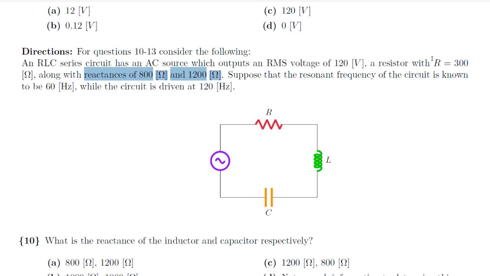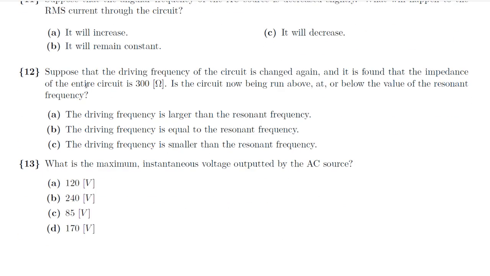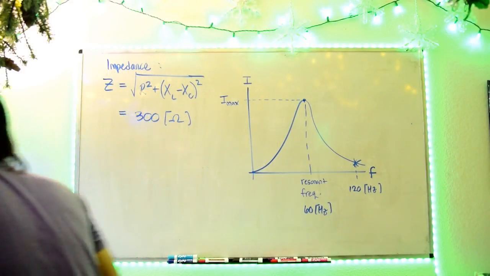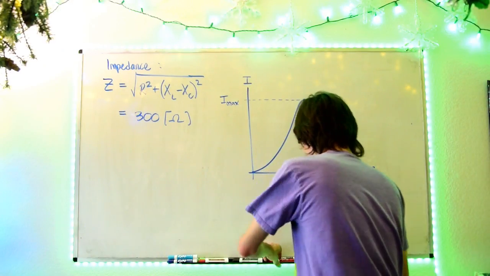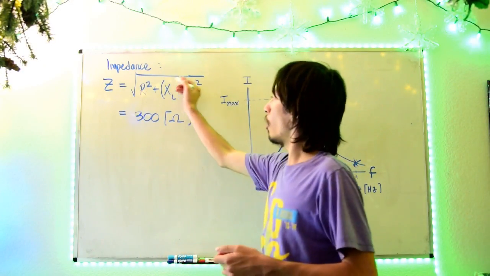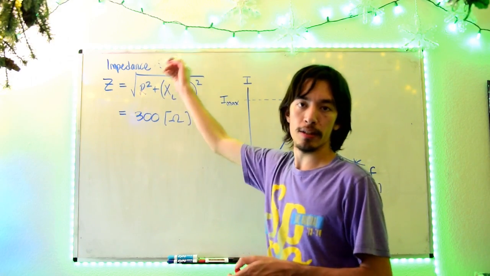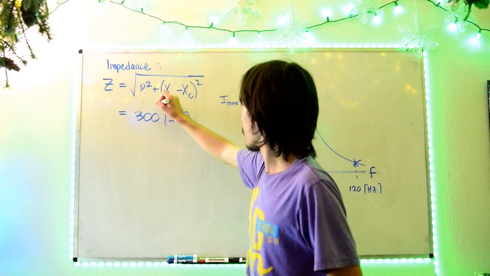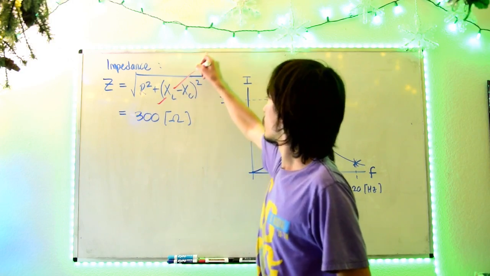Now, notice that if the resistance is 300 ohms and the impedance of the entire circuit is also 300 ohms, well, guess what? That means that in the rest of this equation, all the stuff pertaining to the reactances, this entire term has to go to 0.